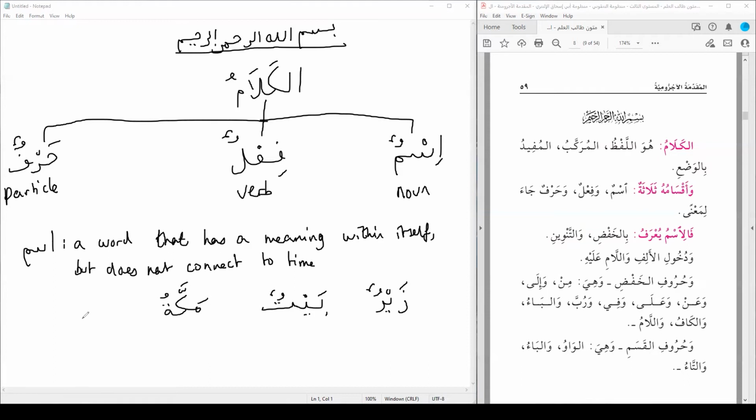When you think of these items, they do not connect to the past tense, present tense, or future tense. So this is what is considered to be an ism.